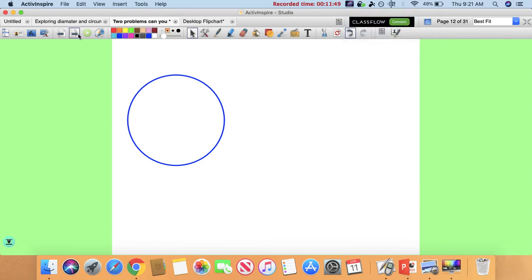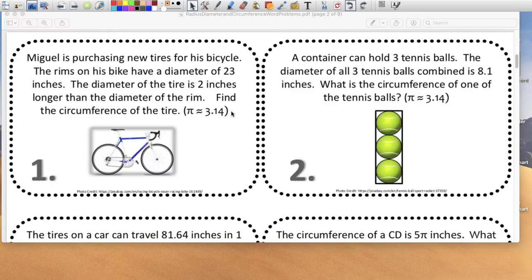Now if you go on the second sheet, number 1, it says that Miguel's purchasing new tires for his bicycle. The rims on his bike have a diameter of 23 inches. The diameter of the tire is 2 inches. So let me make that tire a little bit bigger.